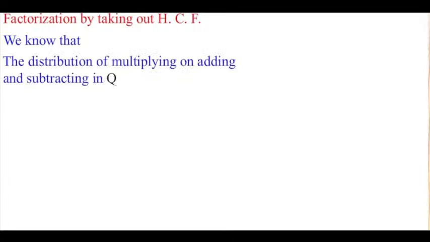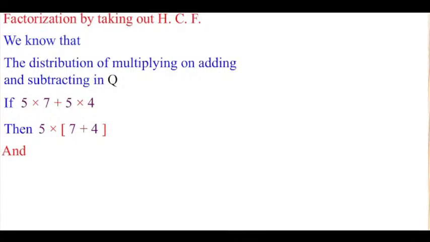Factorization by taking out HCF. We know the distributive property of multiplying over adding and subtracting. If 5 times 7 plus 5 times 4, then we can take out 5 as a common factor, 5 times 7 plus 4.